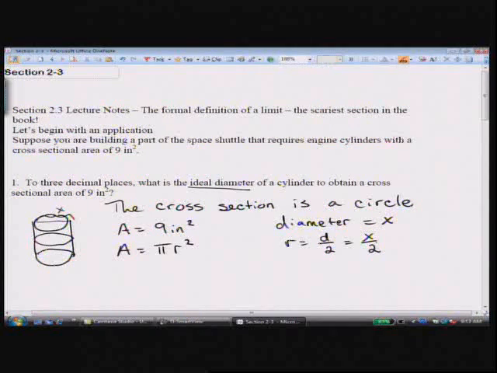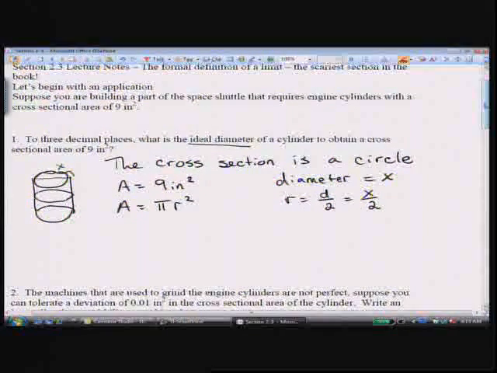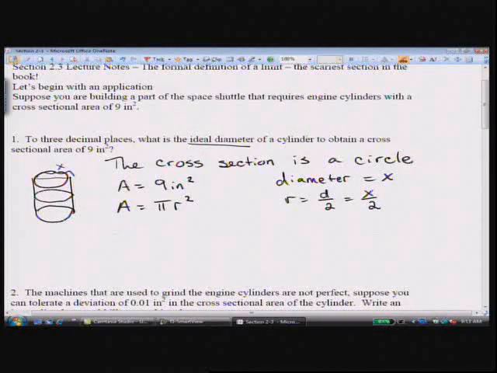Okay, and so we then know for our particular problem that our area is going to be equal to pi times (x over 2) squared, right? And that's for our problem, or in general.